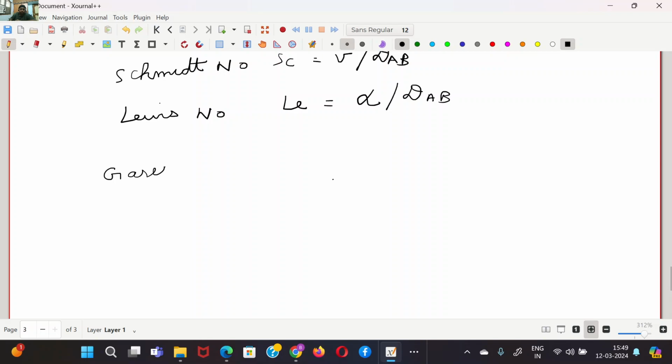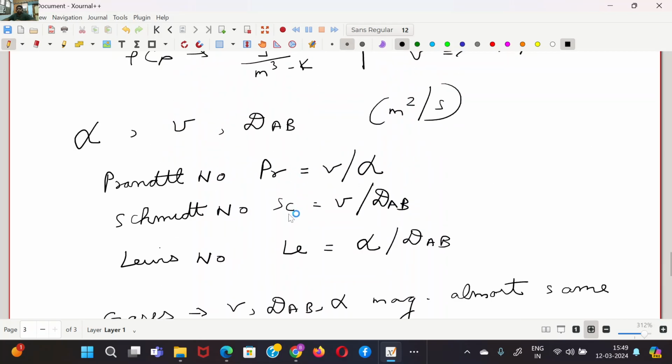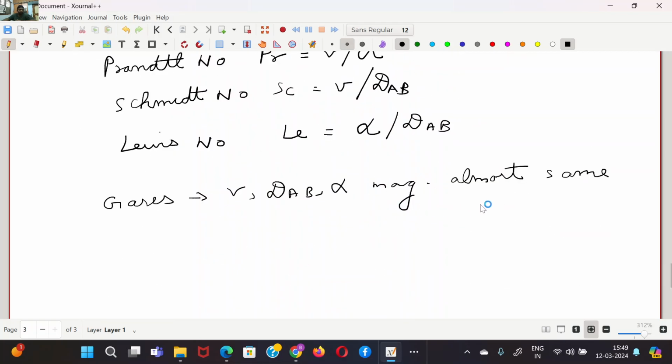So for gases, all these three diffusivities are almost the same magnitude-wise. Since they're almost the same, Prandtl will be one, Schmidt will be one, Lewis will be one. All these three will be one, right? For gases, approximately one in standard conditions.